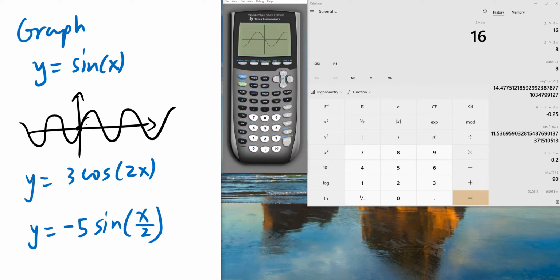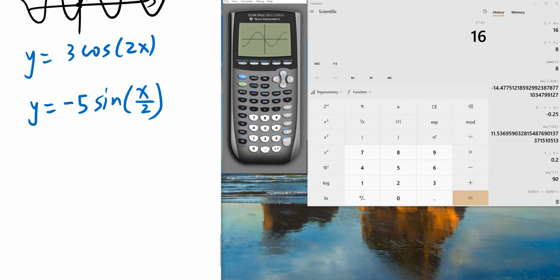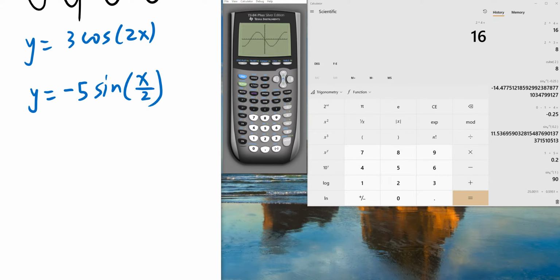So I think that's all you need to know here. One thing good to review specifically about the graph: there's a key in the upper row, almost in the middle, next to y equals. That's called the window.